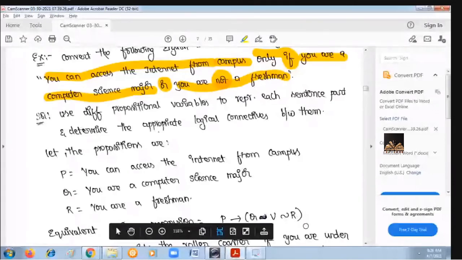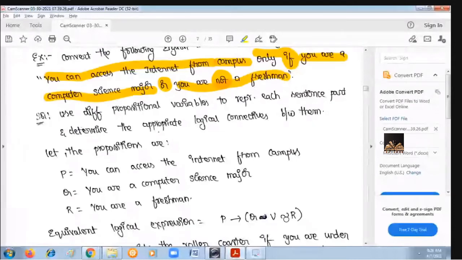Clear? And remember one thing, whenever you are writing the expression for a given statement, you may get more than one expression. I get one expression, your friend gets one expression, someone else gets another expression.